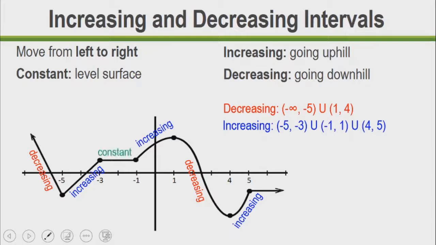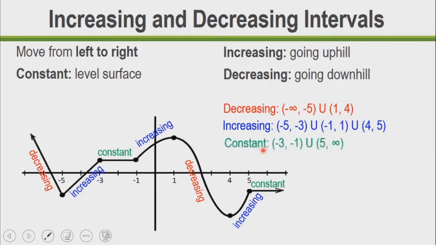So for the constant part, we can see that from negative 3 to negative 1, the value of y stays the same. Also, from positive 5 to positive infinity, the value of the function also remains constant.